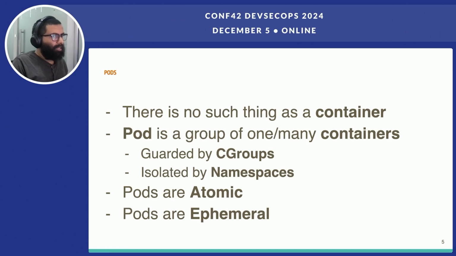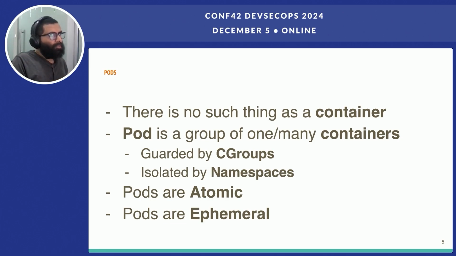And ephemeral means they can be destroyed and recreated at any time, which introduces an important consideration, the pod's IP address. It's never permanent. It can keep on changing. Every new pod will have a new IP address. So in short, pods encapsulate containers, provide them with a unique environment, and act as a foundation for all higher level Kubernetes abstractions like deployments, replica sets, stateful sets, and so on.